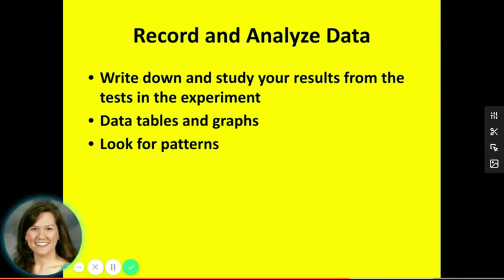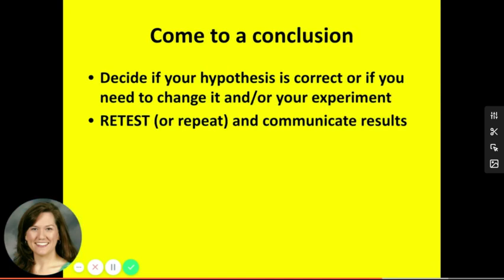Usually you write down all the information in data tables and then create graphs from that information. We're going to learn a little bit more about graphs later next week. And when you get your information, you look for patterns to see, well, did it increase? Did it decrease? Did it go up and down? Is there a pattern? Did it go up 2 times every time I did this? So you're looking for patterns.